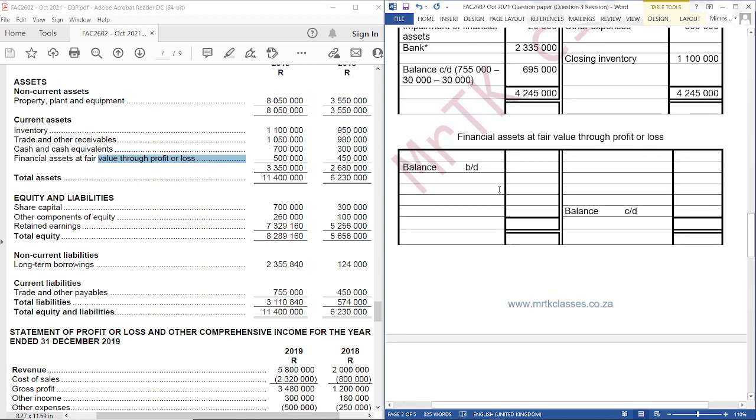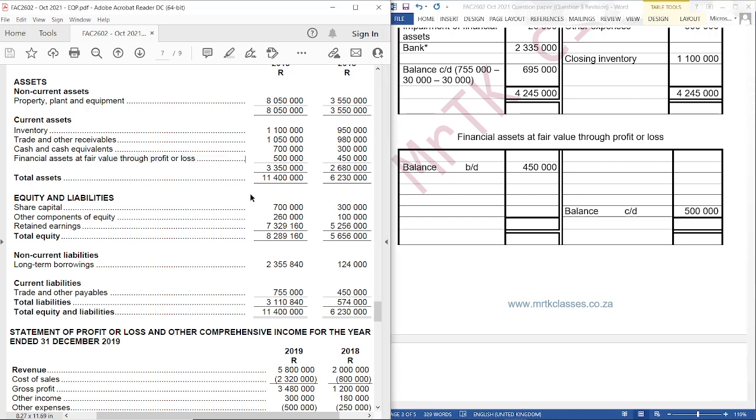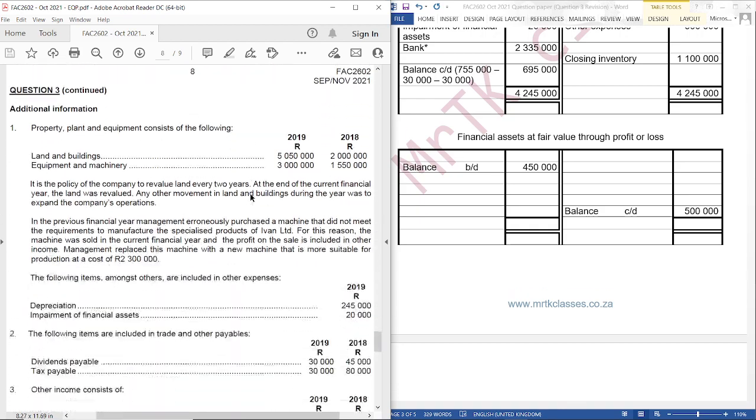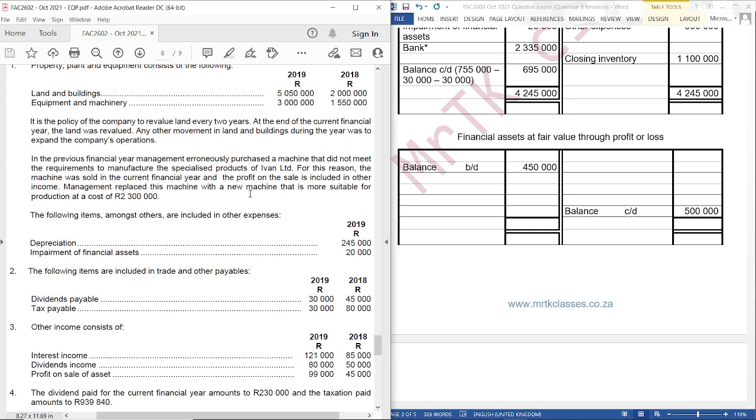Okay, then balance brought down 450,000, balance carried down 500,000, and I remember there was impairment loss, right? The following items amongst others are included in other expenses. So this is under other expenses, which means that it is an expense.